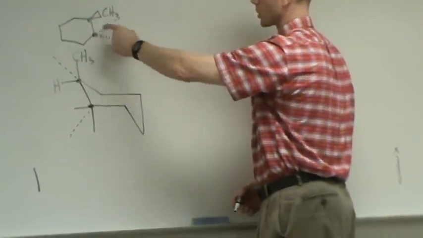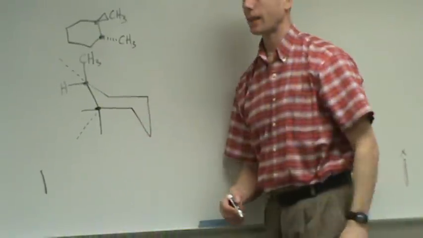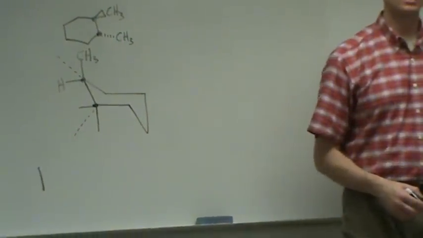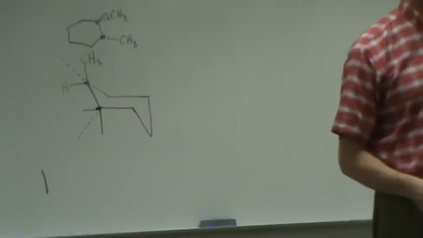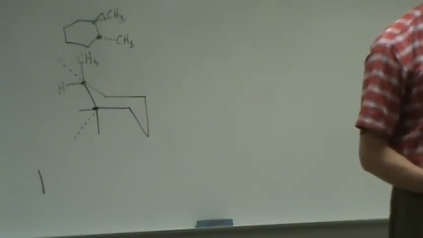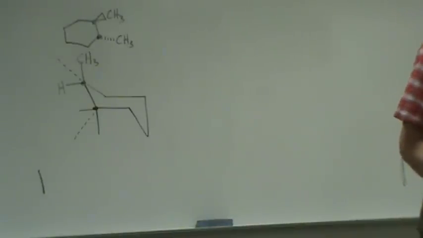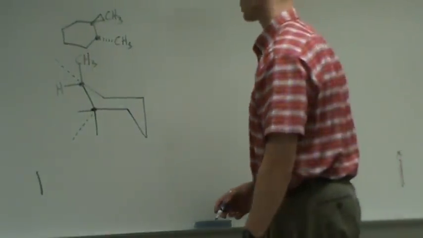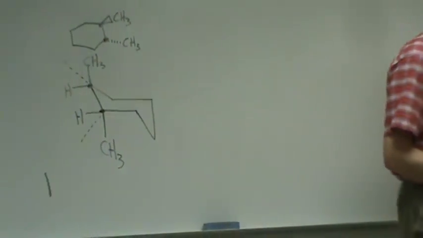Okay? So the trans tells you, write it down, on opposite sides of the line. Has nothing to do with equatorial and axial. It only has to do with the side of a line. Top or bottom. Don't forget it. So, since they are trans, I will put them on opposite sides of the line.